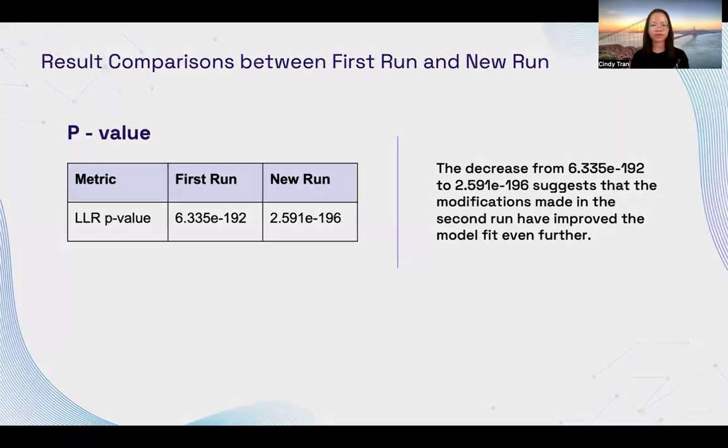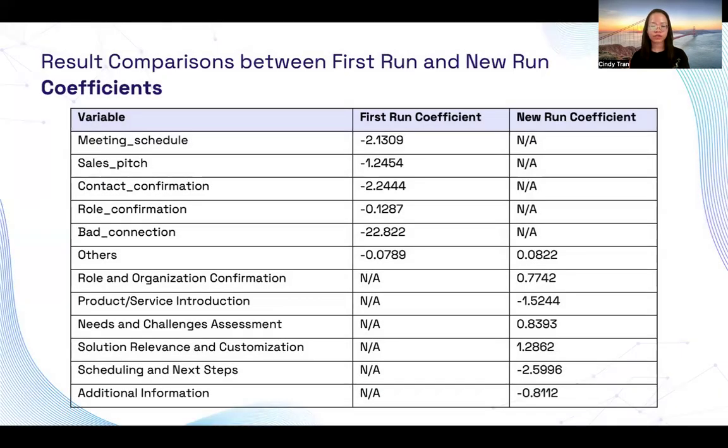Next slide, please. For the coefficients, the coefficient changes between the runs indicate shifts in how various factors are perceived to impact our sales outcomes after incorporating categorical modifications.